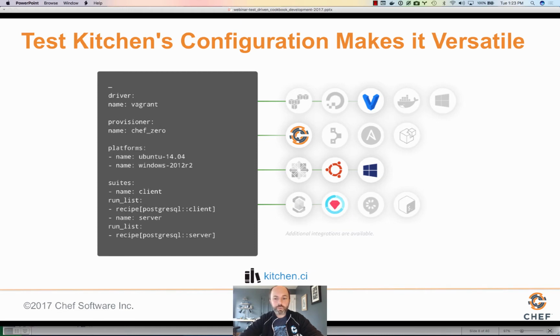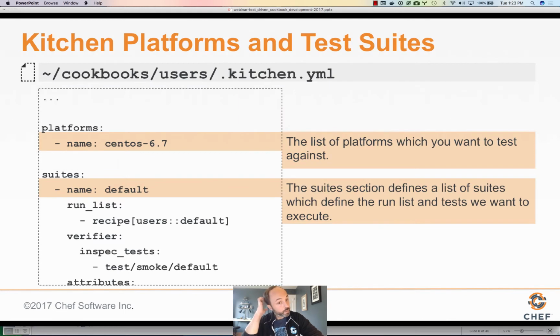There are way more details here at the Kitchen CI website, so take a look at those. Today we're going to be using not Vagrant, but Docker, but those are pretty common ones. Here with the driver, you can actually specify EC2, Azure, other different things if you need it, right? So different sort of ways in which you want to create your instances.